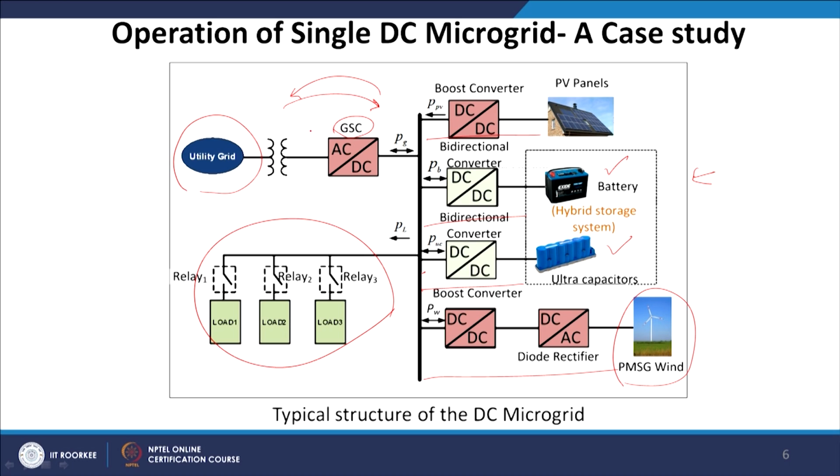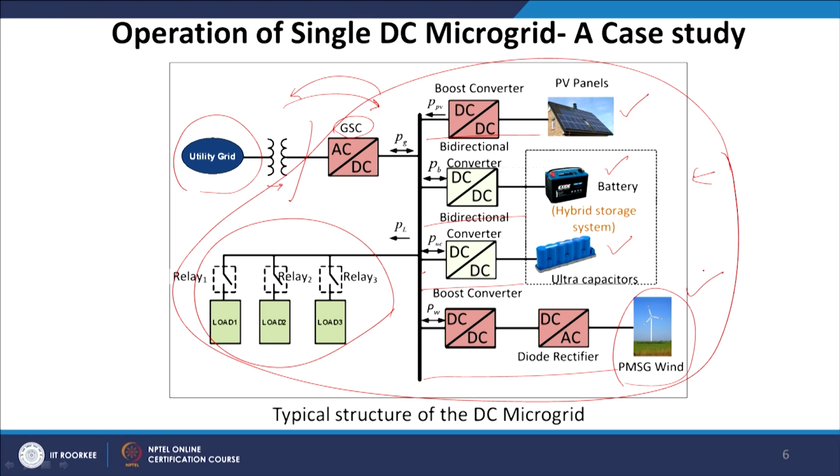Now, the question is, once this grid is isolated or disconnected from the grid, under that circumstance the DC grid has to operate in an islanded mode. Under those circumstances, how do I control all my energy sources such that my DC microgrid can operate efficiently?